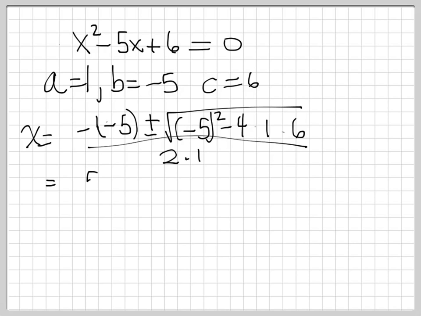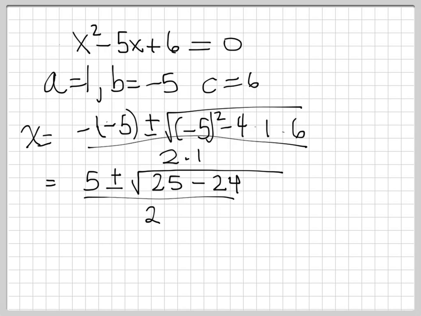So we get 5 plus or minus the square root of -5 squared is 25. 4 times 1 times 6 is 24 all over 2, which is 5 plus or minus the square root of 1 over 2.